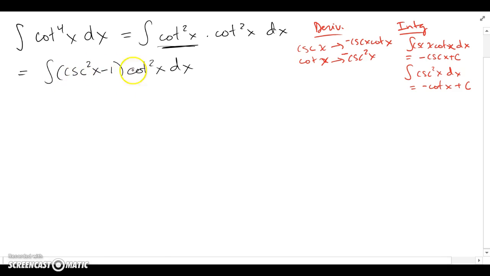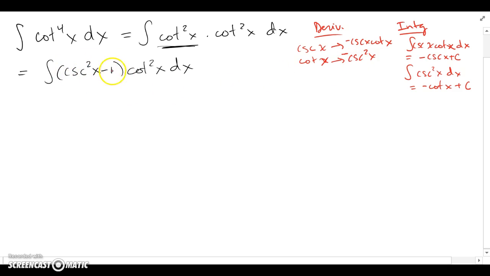If I let u, I sort of have two options if I want to start doing a u sub right now. If I let u be cosecant x, then its derivative is cosecant cotangent, and I have a cotangent squared, and I also have this minus 1 factor that's going to throw things off a little bit. So let me try the cotangent x, I'm thinking. If I let u be cotangent x, the derivative of cotangent x is cosecant squared x with a minus factor, of course, and I do have that there.